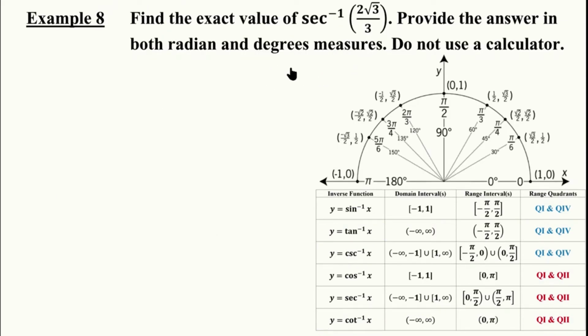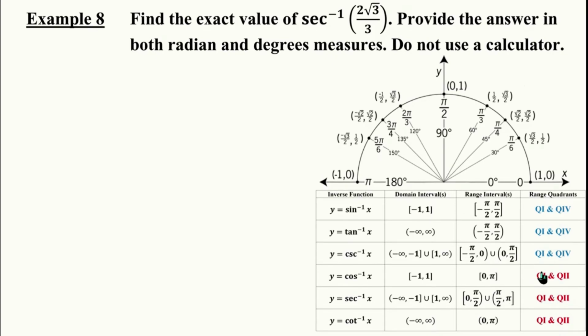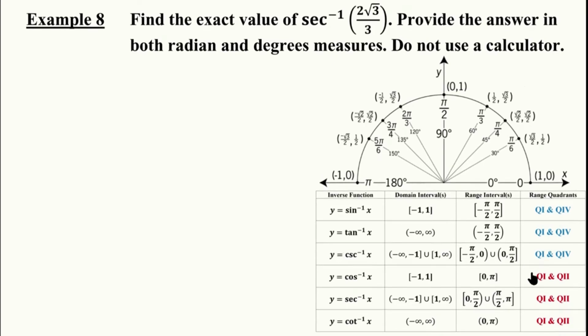All right, we're back to one where we need an exact answer because this is going to be associated with one of our triangles. So it's inverse secant, so of course we're going to use the inverse cosine. And the nice thing about inverse secant and inverse cosine is that we don't need to have the same worries as what we just had in the previous problem, because they basically have outputs in the same quadrants, quadrants 1 and 2, so right in here.